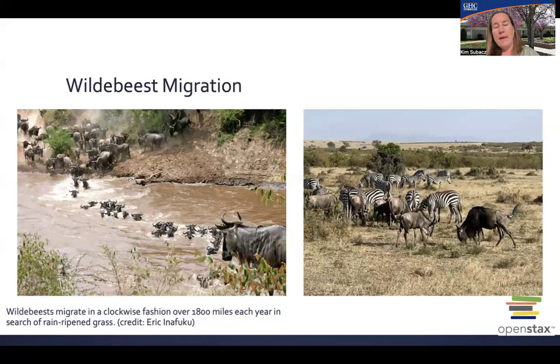Another pattern is going to be migration. Absolutely. So we got the great migration here of the wildebeest and all the things. I got to go and see this 2 years ago, and it was fantastic.